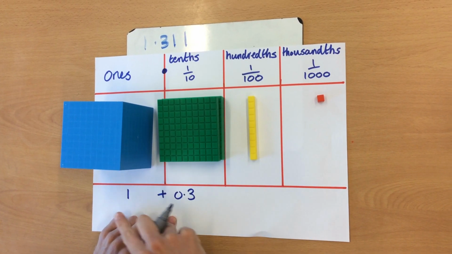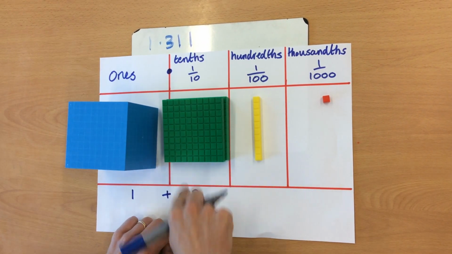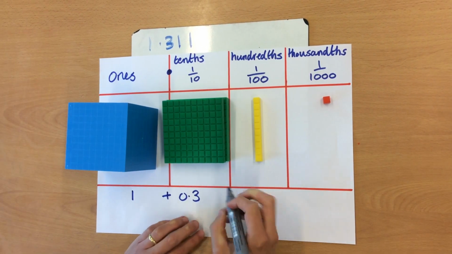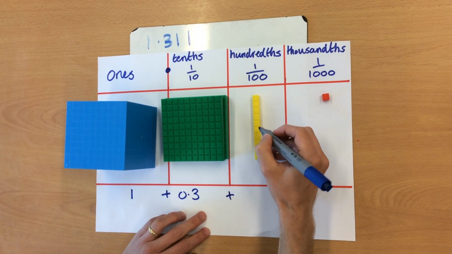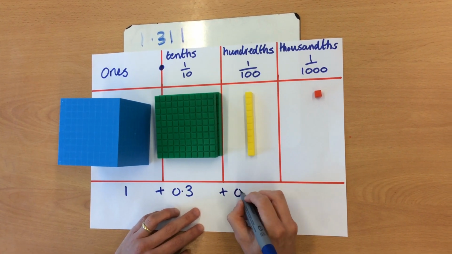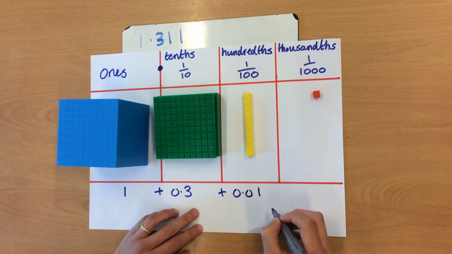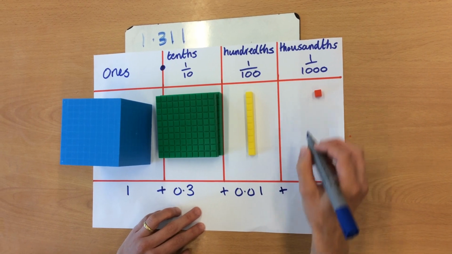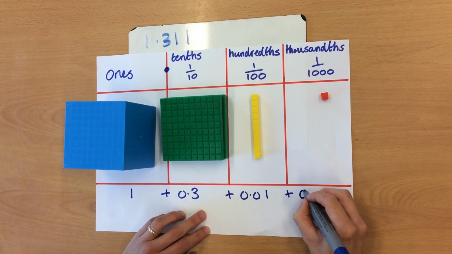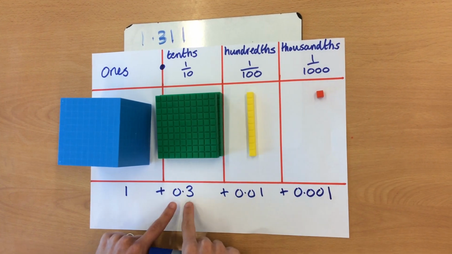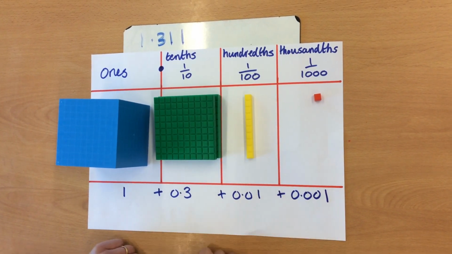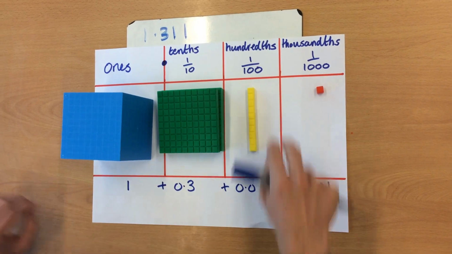And remember, in the last video I explained how to convert this fraction into a decimal, so if you're not too sure, have a look back at that video again. Going into my hundredths column, I've only got 1 hundredth, so that'd be 0.01. And in my thousandths column, I have just 1 thousandth, so that'd be 0.001. And remember, maths is all about spotting patterns, and I'm sure you can spot a pattern emerging here.